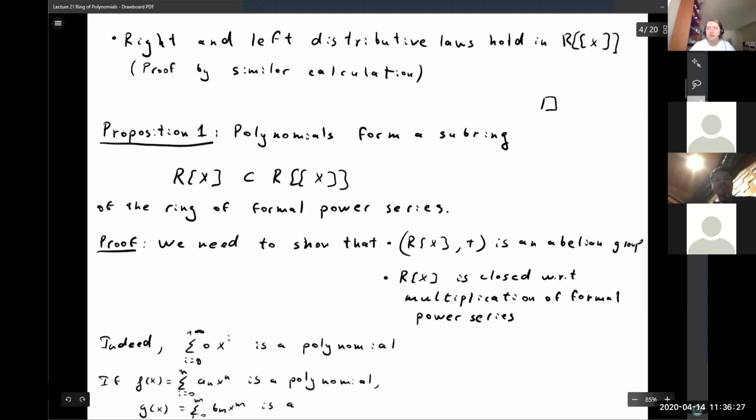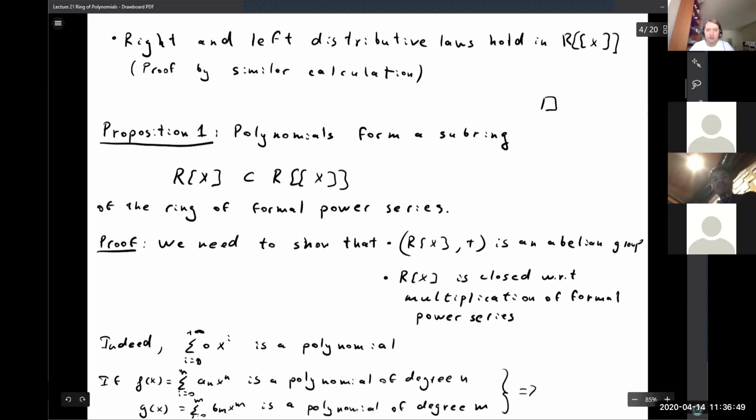So the first one will be a polynomial of degree n, the second one a polynomial of degree m.